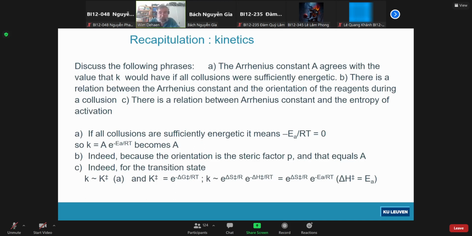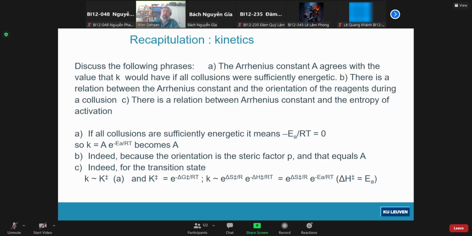But in general, of course, not all collisions are sufficiently energetic. So k will be smaller than A. And how much smaller, that depends on activation energy and temperature. Now, in B, it says that there is a relation between the Arrhenius constant A and the orientation of the reactants during a collision.